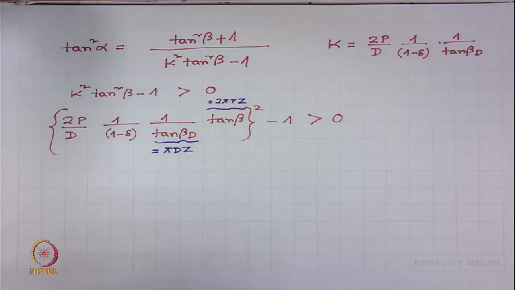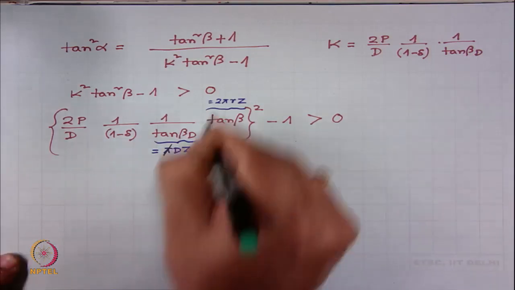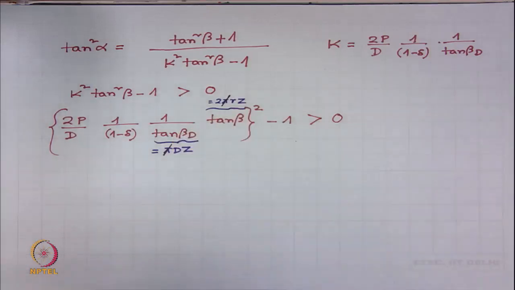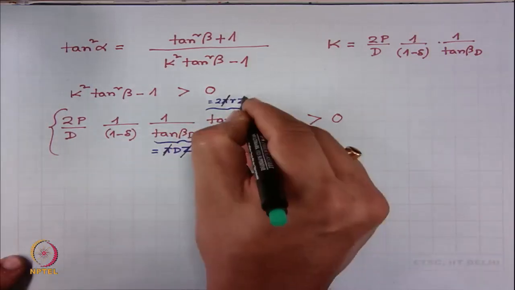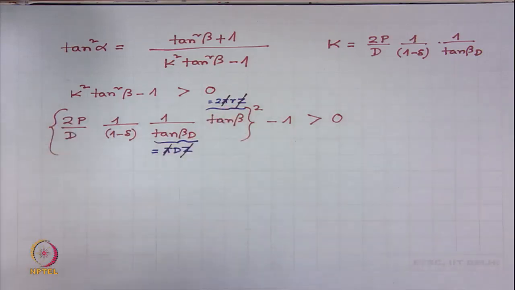So, what we see is that this pi cancels out, z cancels out, so 2r by d, so basically 4.